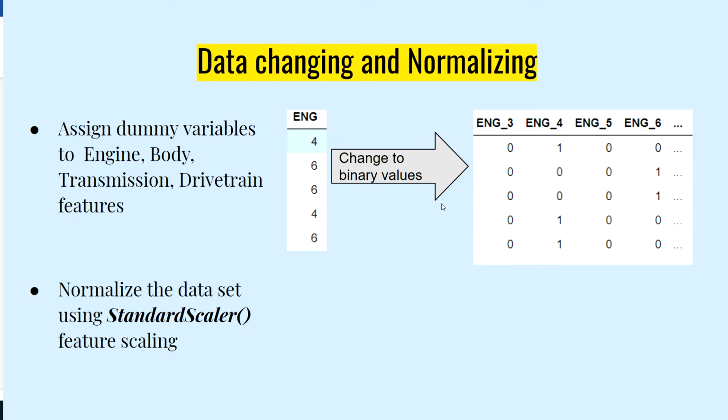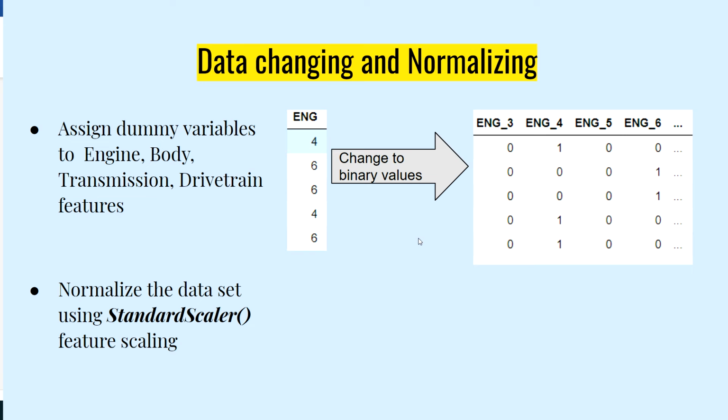I did use a label encoder originally, but the model did not perform that well, so I decided to use dummy variables, and it did improve the accuracy. And I believe if you have an option to use dummy variables for data that cannot be scaled, you should definitely use it.